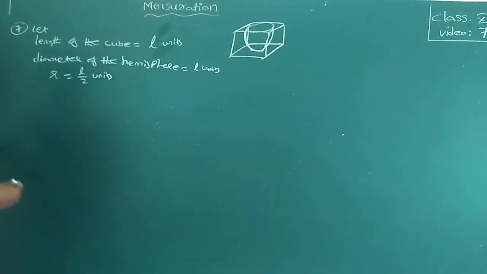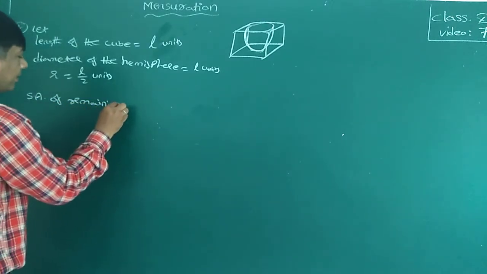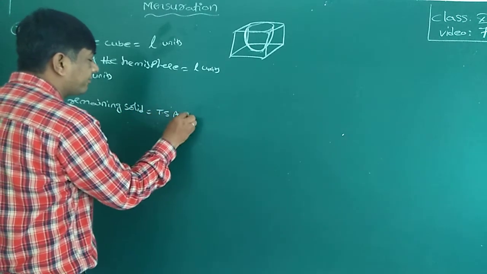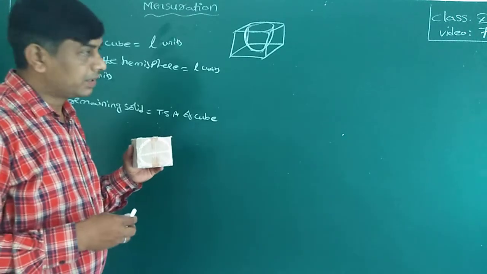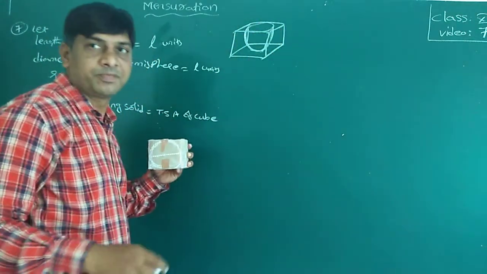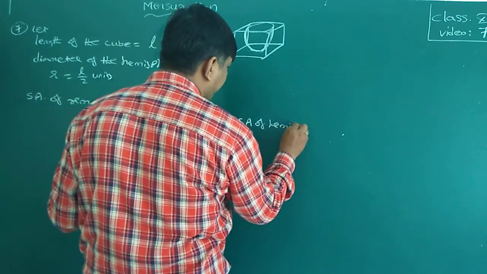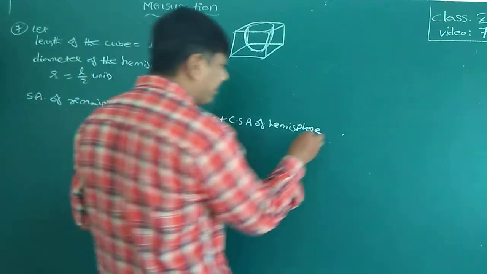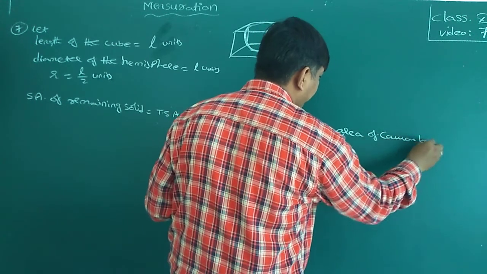So the surface area of the remaining solid is equal to the TSA of the cube, and when you take it out, plus the CSA of the hemisphere, minus the area of the common base, which is a circular base. That means the circle.